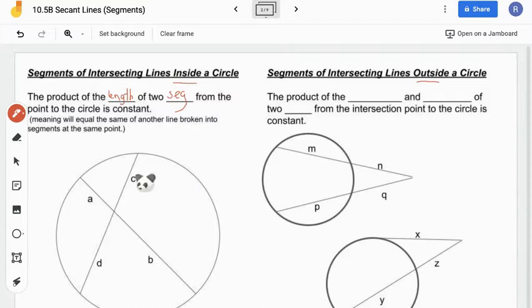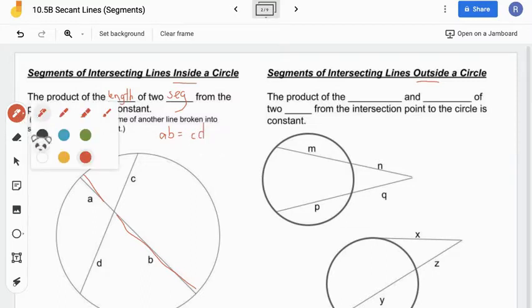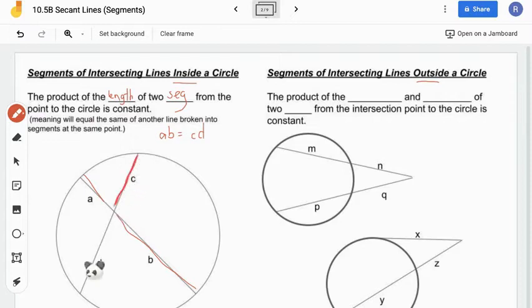And so what that really means is when we look at this situation here, the length A times the length B, right? This part of our line times this part of the line is equal to C times D, where now we're looking at this part of the line times this part of the line.